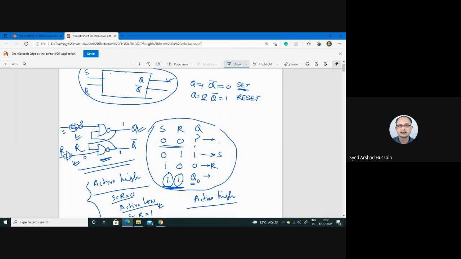For 0 0 this is no change, Q0 is Q, then 0 1 gives 0 1, 1 0 gives 1 0, and 1 1 is your uncertainty.